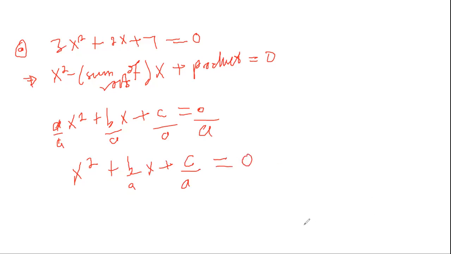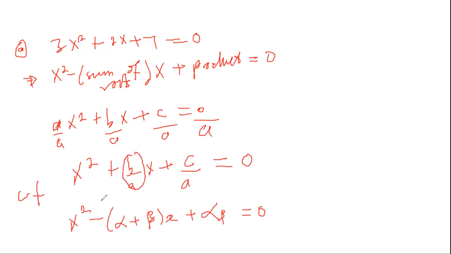If we compare it with the previous equation, x squared minus alpha plus beta x plus alpha beta is equal to 0, then b over a equals negative alpha plus beta.